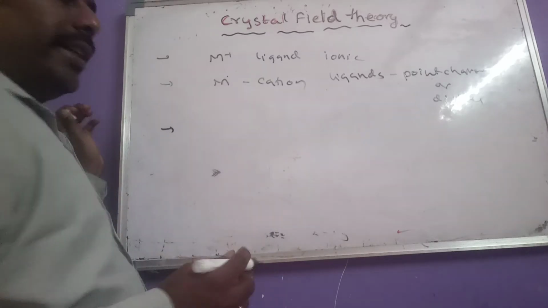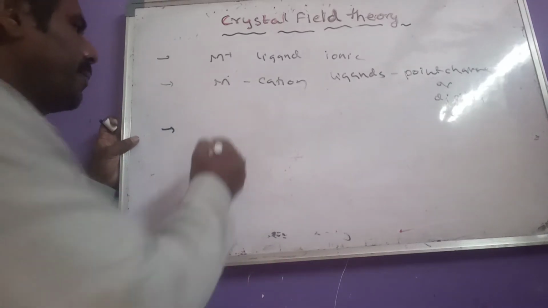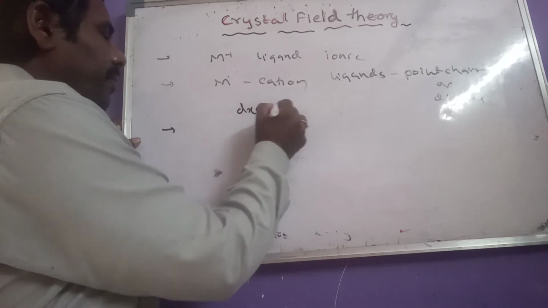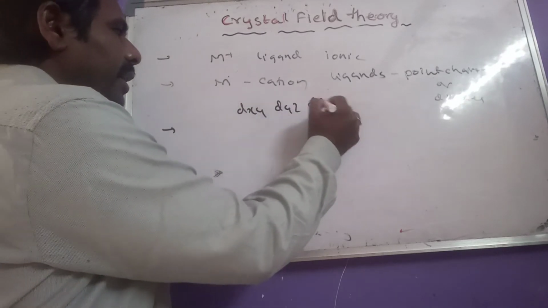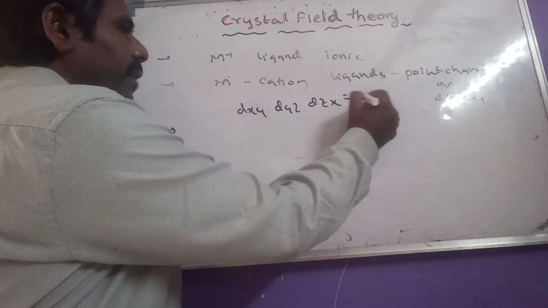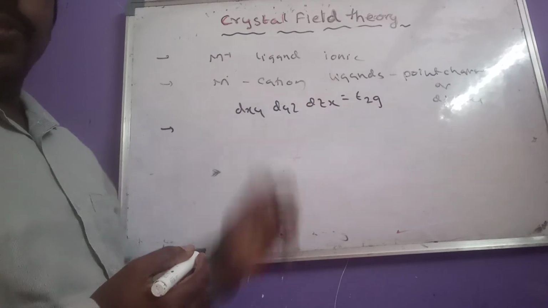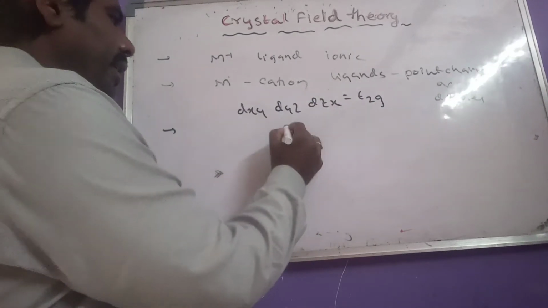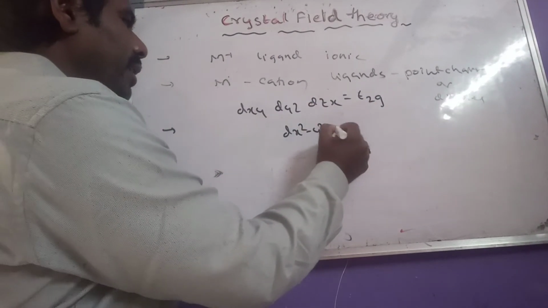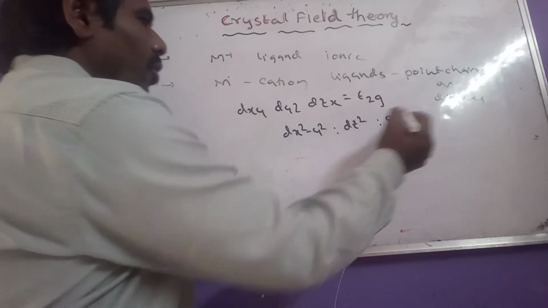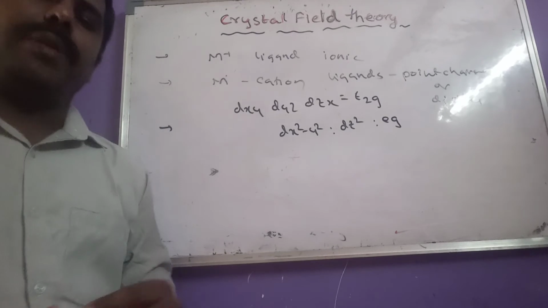They form two different sets. The first is dxy, dyz, dzx; these three form the T2g set. And dx square minus y square and dz square orbitals form another set, known as the Eg set of orbitals.